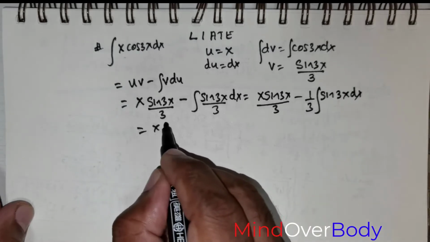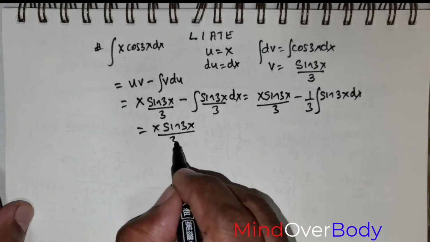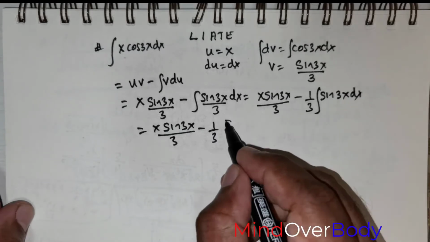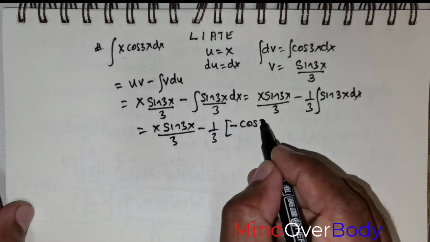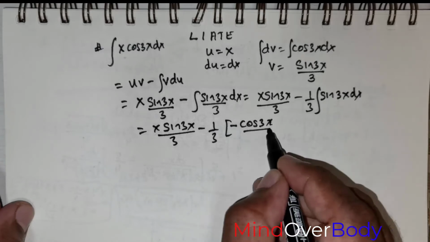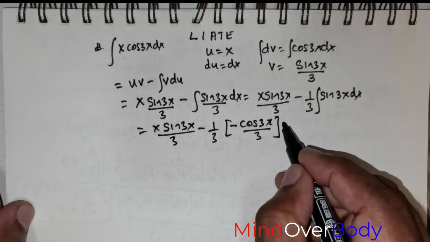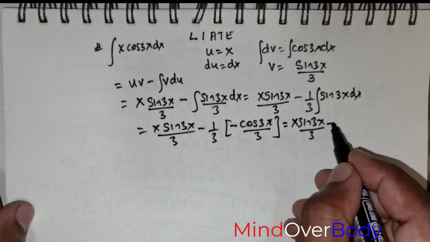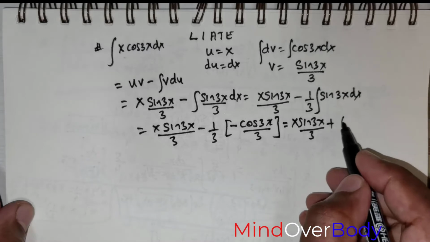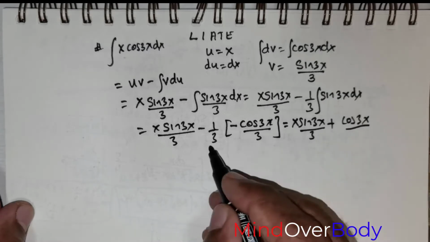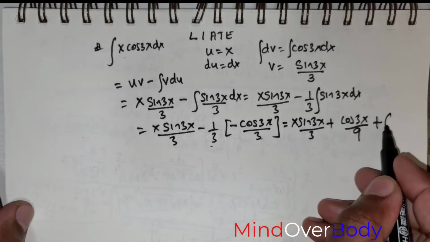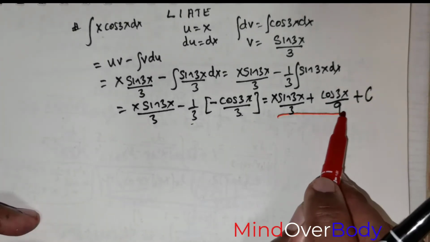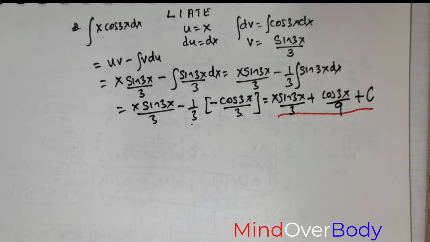So this is equal to x times sin 3x over 3 negative 1 over 3. If you were to integrate this, this would produce negative cos 3x. Coefficient of x is 3, so I place it in the denominator. I rewrite this as x times sin 3x over 3 plus cos 3x over 3 into 3 is 9, and I add an arbitrary constant c. So this is a good place for us to draw the red line.